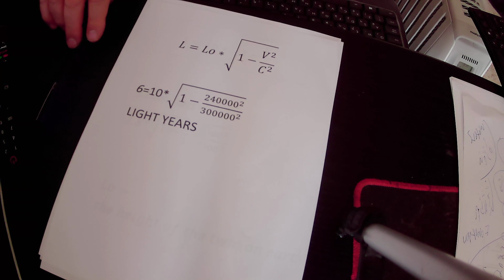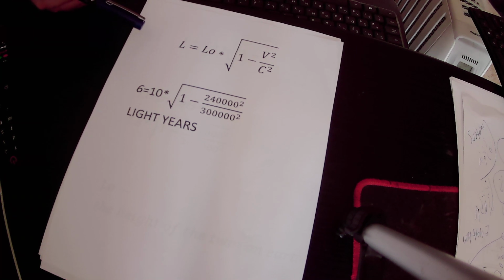So because of contraction of distance, we see that the distance contracted from 10 light years to 6 light years.